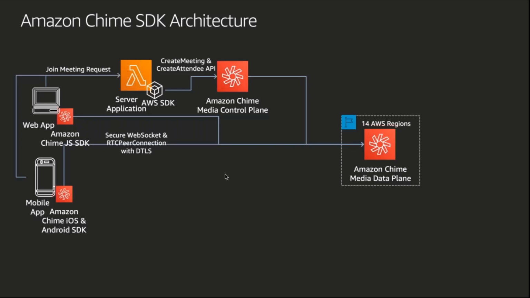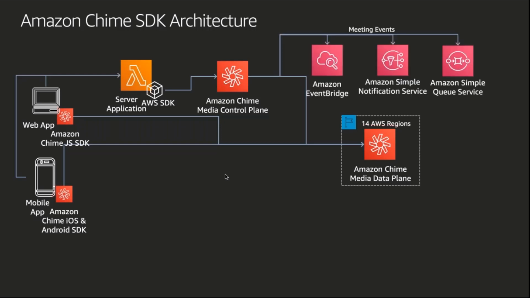Once the join token is validated, the meeting starts. If you have previously set up AWS CloudWatch events for Chime or provided an SQS or SNS ARN as part of the create meeting request, you will receive notifications for the meeting lifecycle.